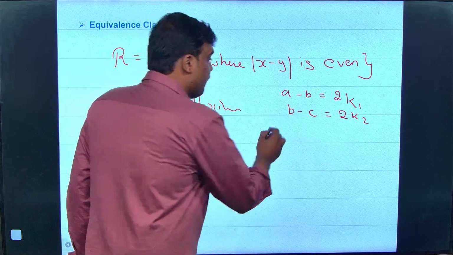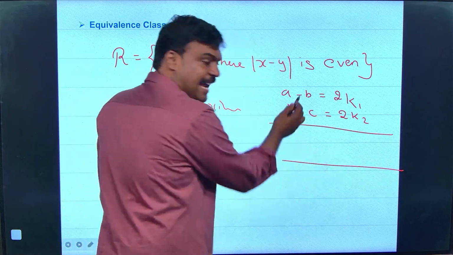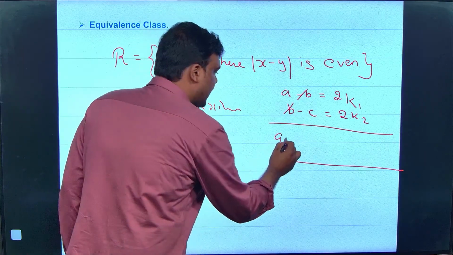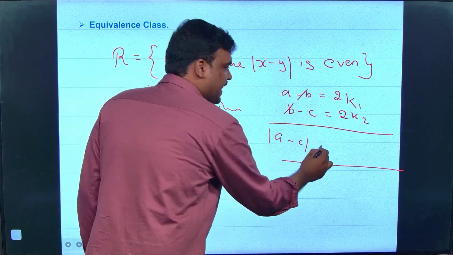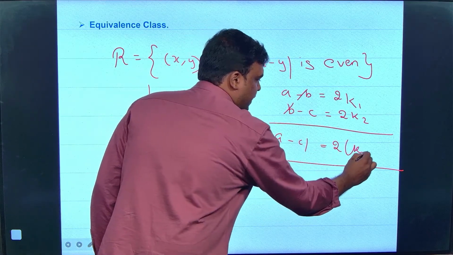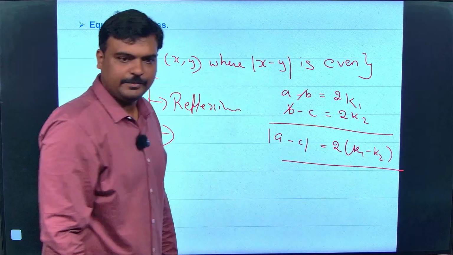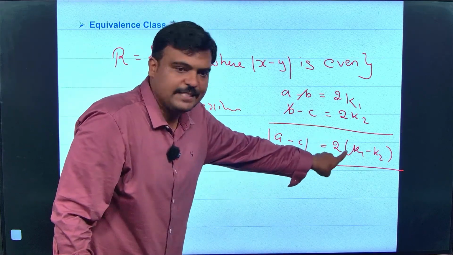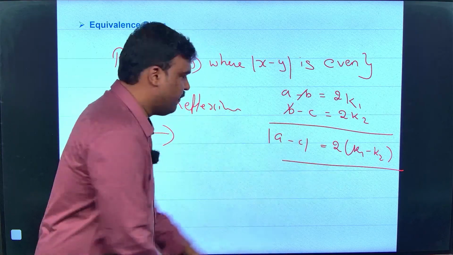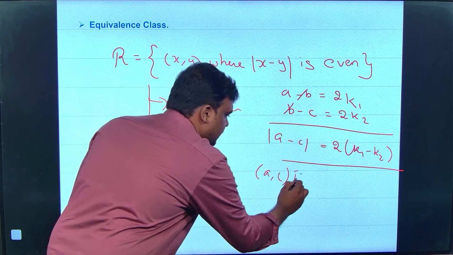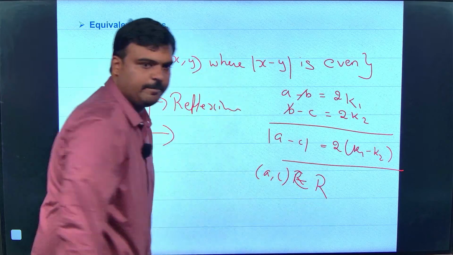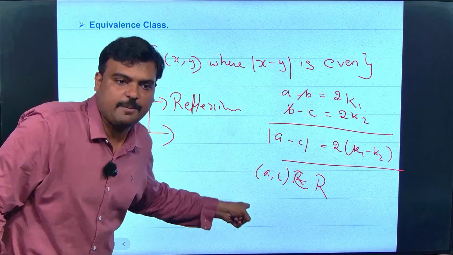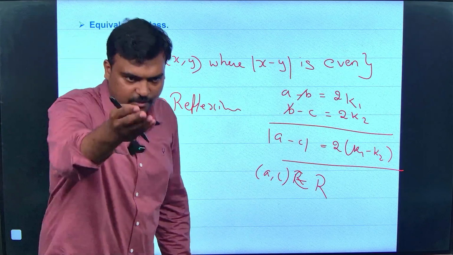Now when I add this, what will I get? A minus b plus b minus c, the b gets cancelled. So I'll get a minus c, which is 2 into k1 plus k2. Correct? Whether this also remains even? If a minus c comes as an even number, whether a comma c belongs to the relation? So a comma b belongs to the relation, b comma c belongs to the relation, and a comma c also belongs to the relation.